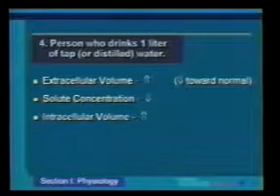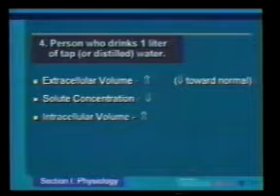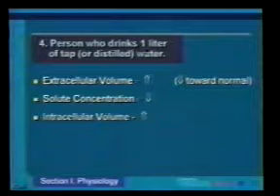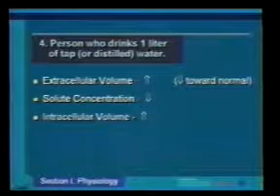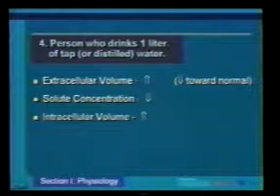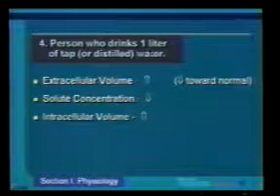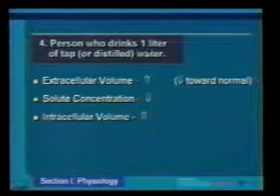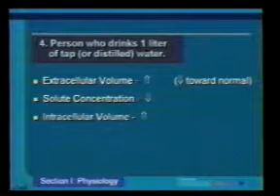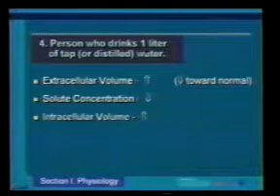So you get the same consequence as drinking tap water as taking in distilled water. And don't worry about the fact that they may mention taking in 1 liter. It doesn't matter the volume, because these are qualitative questions. Now, number 4 here is basically the same as water intoxication. So a person drinking tap water or distilled water has the same consequences as water intoxication.